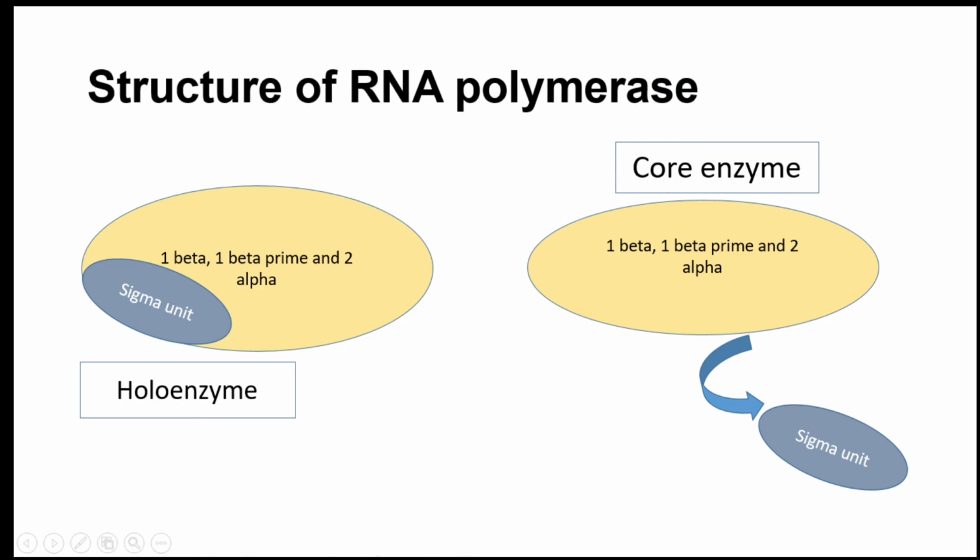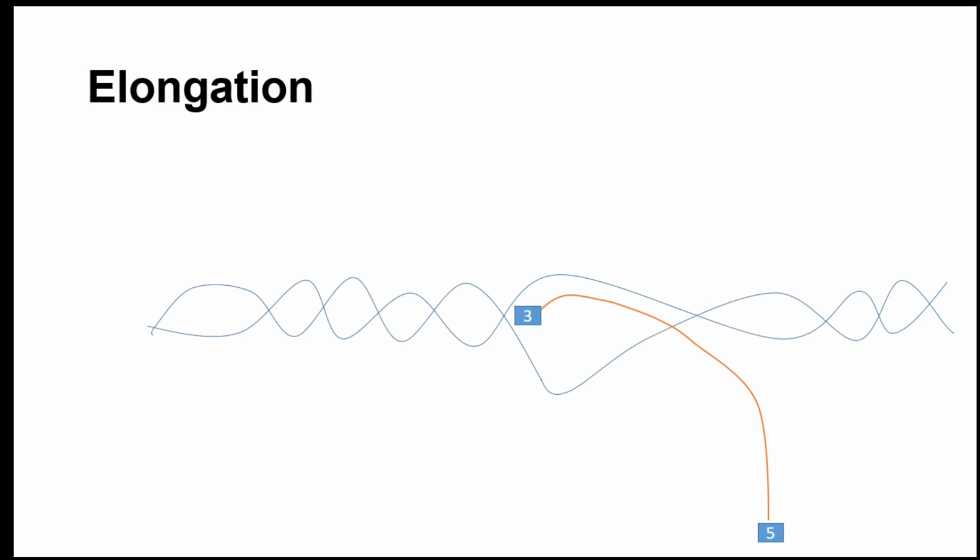Okay, so this is basically the structure of RNA polymerase. Now we are looking at the next step of the transcription, which is called the elongation step. Remember, in the first step we just have a short segment of RNA which has been formed, but we need to get the whole gene copied so that we can make proteins using that specific information.